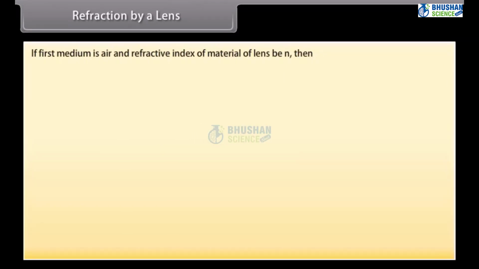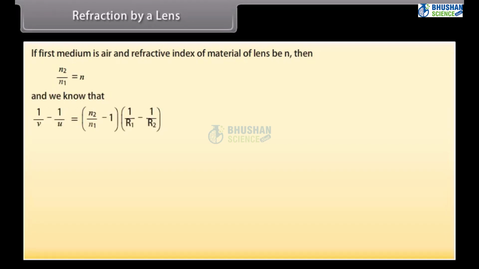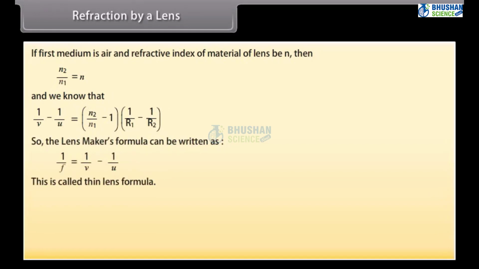If the first medium is air and refractive index of material of lens be n, then n2 upon n1 is equal to n. And we know that. So the Lensmaker's formula can be written as, this is called thin lens formula.